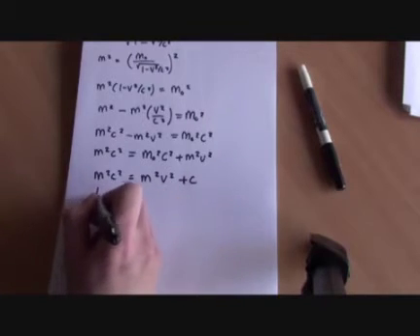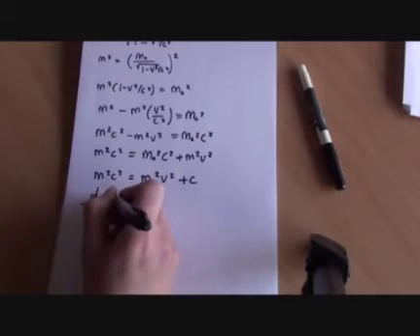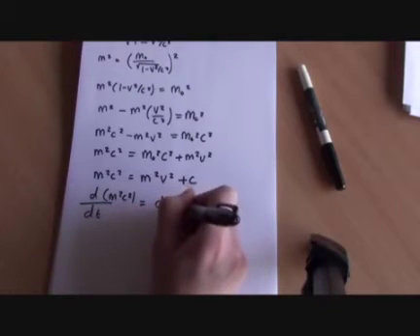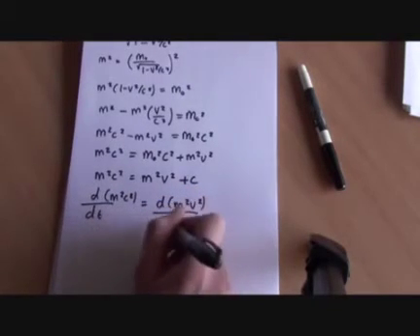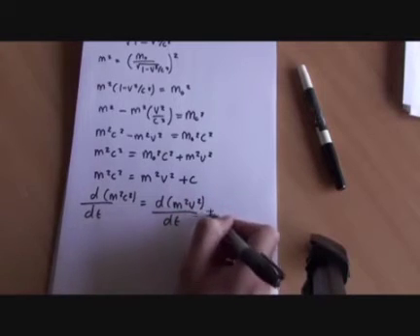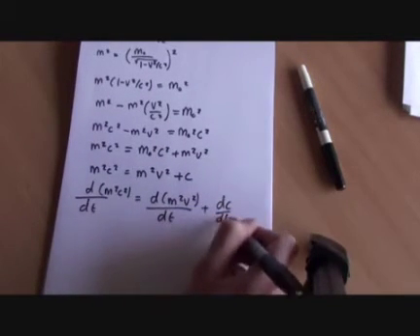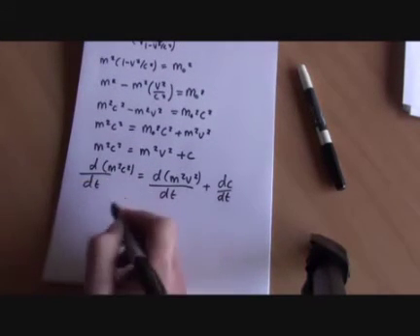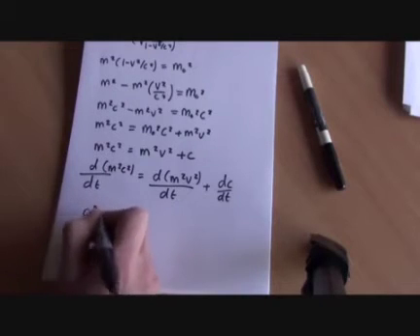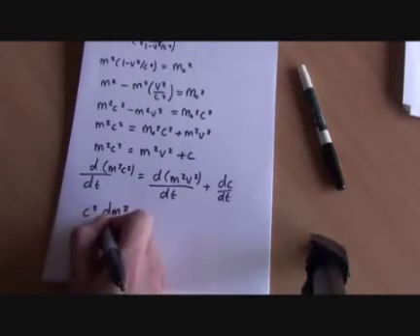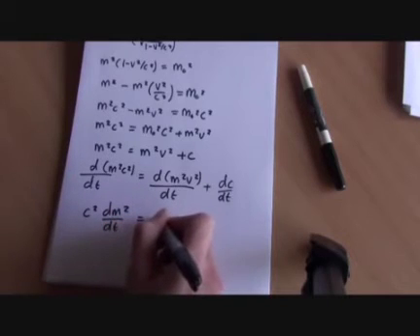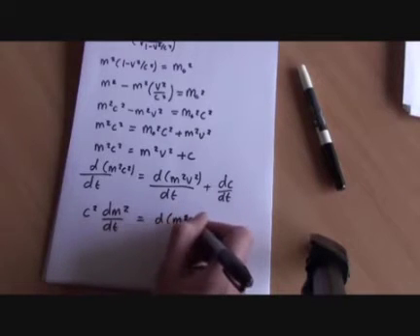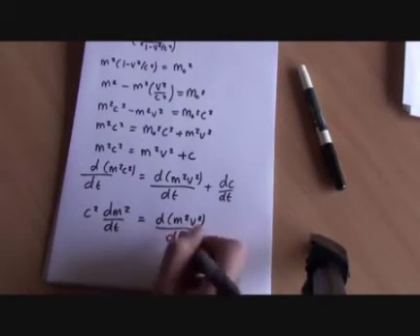So if we differentiate this with respect to time, d by dt of m²c² comes out to be, do it to both sides first before we carry on, plus this constant that is also differentiated. The c² pops out of both of these, so put the c² in front so that we're not differentiating the wrong thing. c² d(m²)/dt, and the constant goes to 0, so we forget about that. d(m²v²)/dt with respect to t.